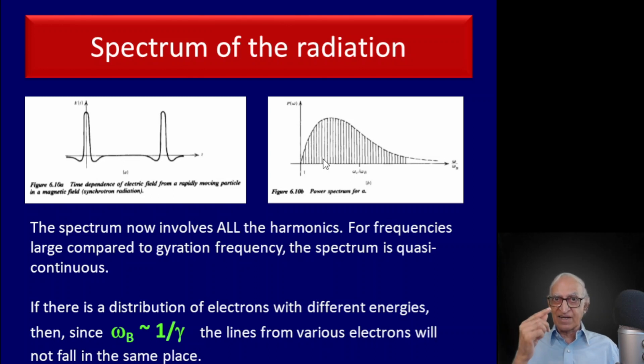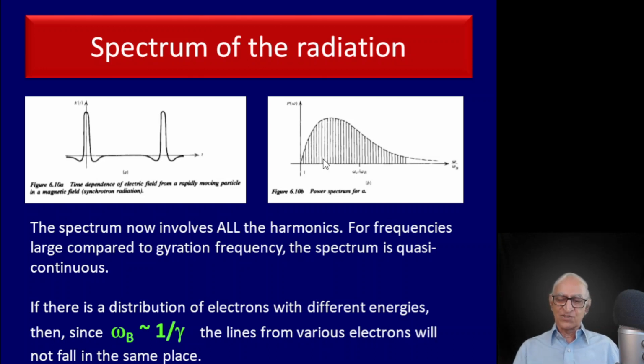Please remember, the characteristic frequency of radiation from a given charge will be gamma cubed times the gyration frequency. The gyration frequency will be different for different charges because gamma of different charges is different. Therefore, you really will have a continuum of radiation.